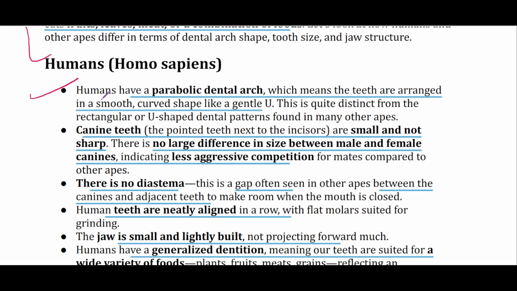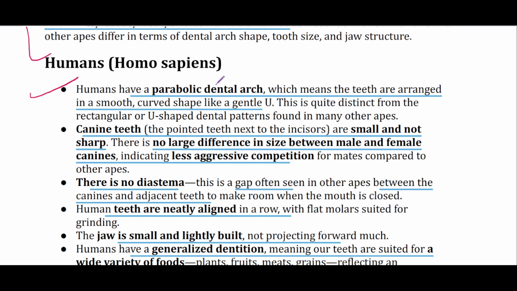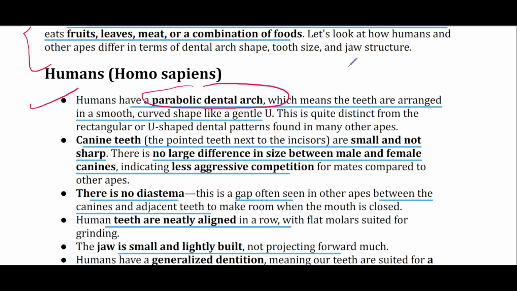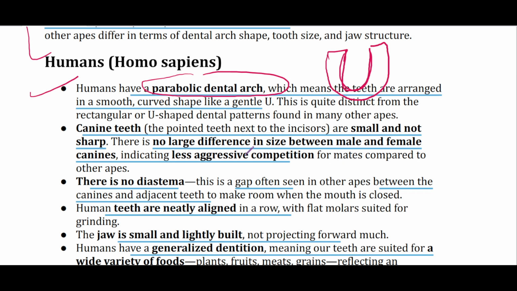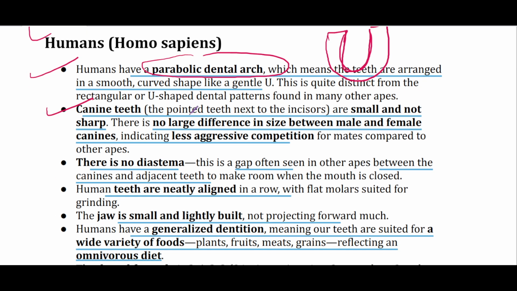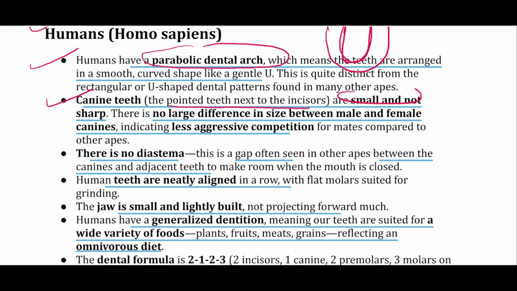First, human Homo sapiens, so we have a parabolic dental arch, and parabolic means U shape. जो हमारे teeth हैं, they are aligned in this way. And the canine teeth, the teeth next to the incisor, are small and not sharp because we have a generalized dentition.